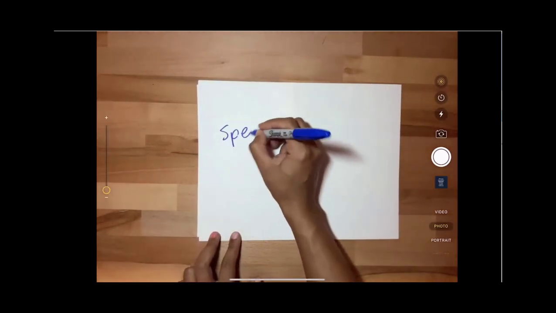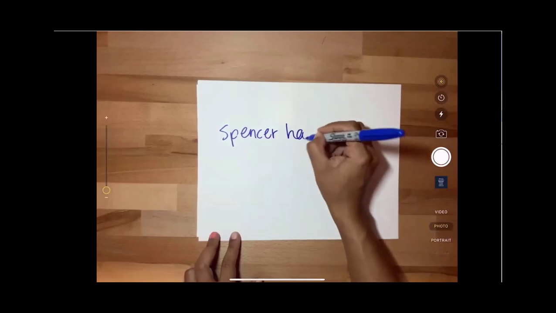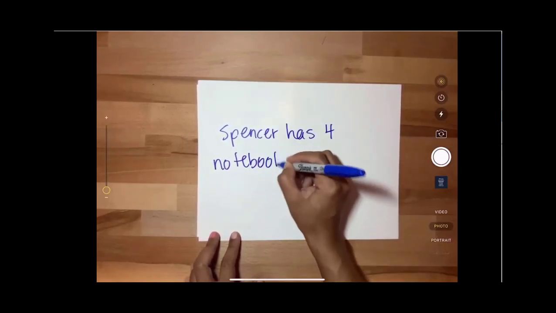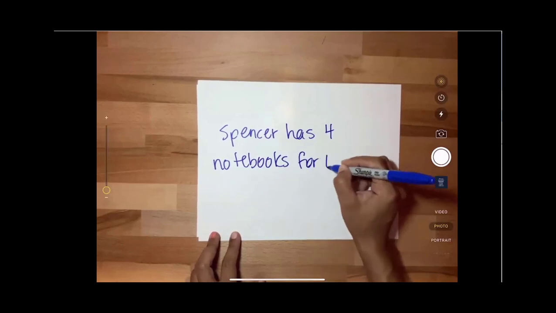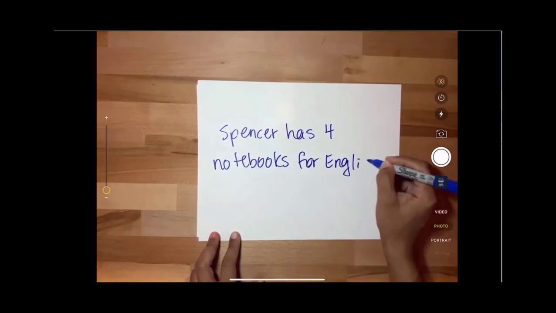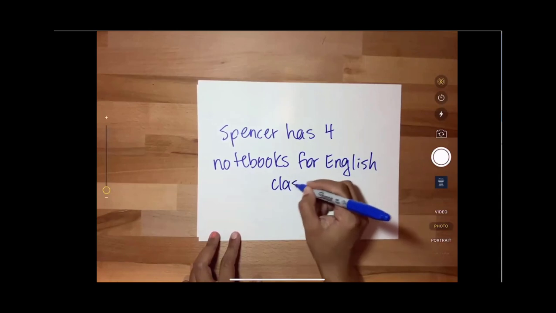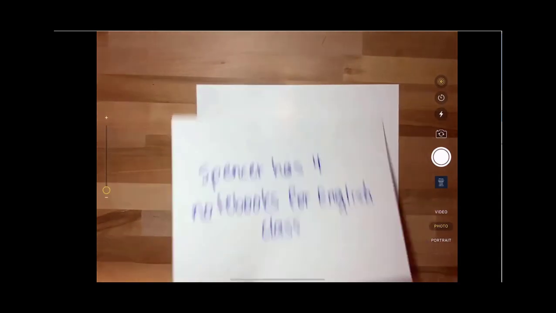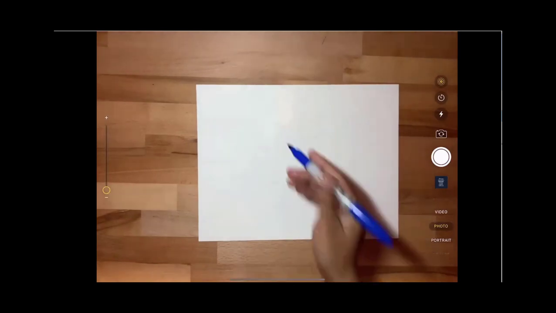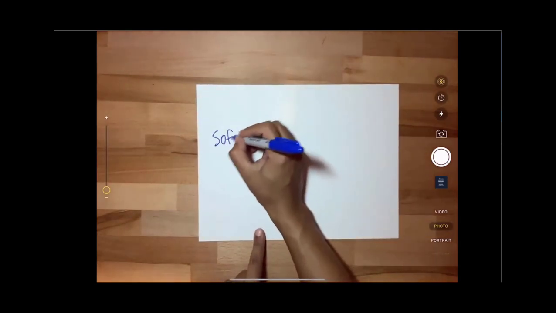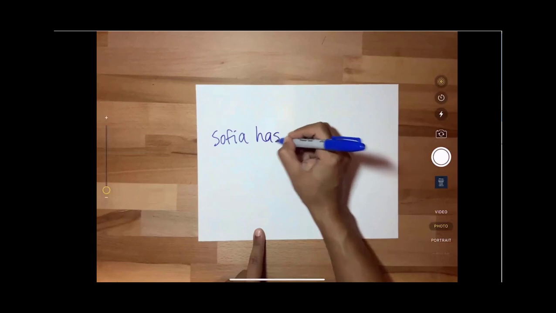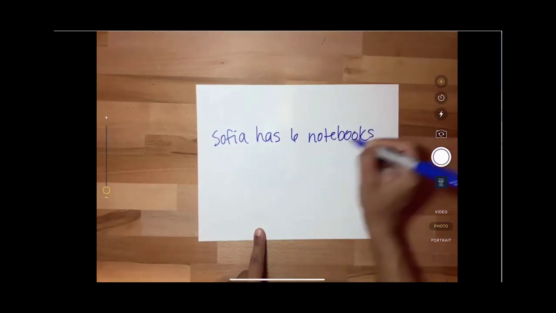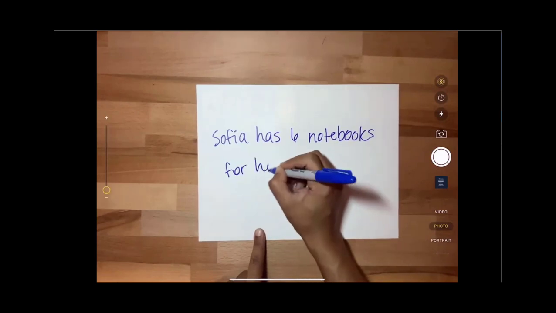Let's say Spencer has 4 notebooks for English class. Okay, and I have one more student in my class that I'm going to also write this sentence for. So Sophia has 6 notebooks for history class.